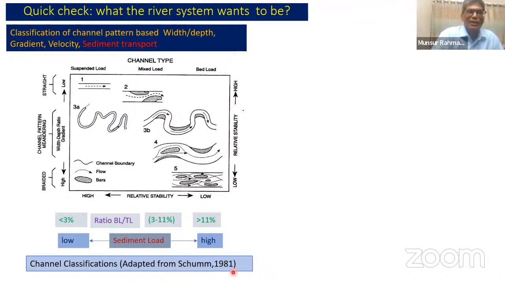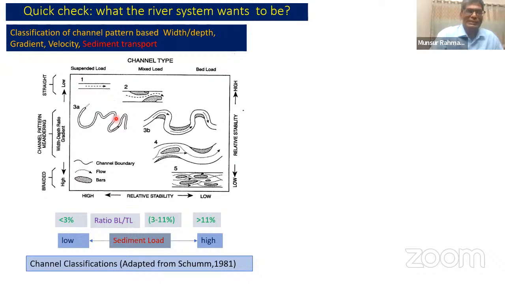The earlier work is quite old, but it is still valid: the sediment transport and the gradient are the parameters governing the plan form of the river and also ensuring its stability. So if the sediment transport changes, the plan forms change. The more bed load, the more braided the system; the more suspended load, the more meandering the system will be.